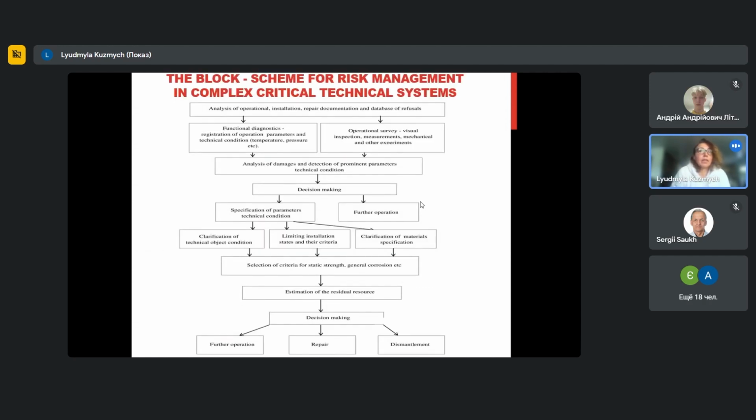In order for technical objects to meet the current level of scientific and technical progress, they must be endowed with high reliability. The basis for this is a set of measures applied at the stage of design, manufacture, installation, and operation. In the figure on the slide, I offer a block scheme for risk management in complex critical technical systems.